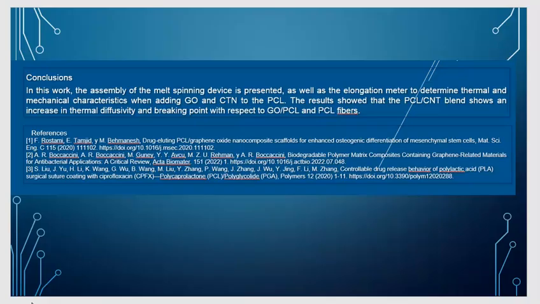The results show that the polycaprolactone with carbon nanotubes blend shows an increase in thermal diffusivity and breaking point with respect to polycaprolactone with graphene oxide and polycaprolactone fibers.